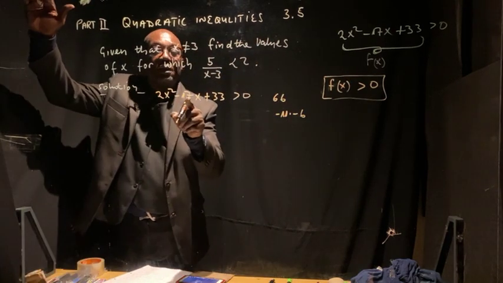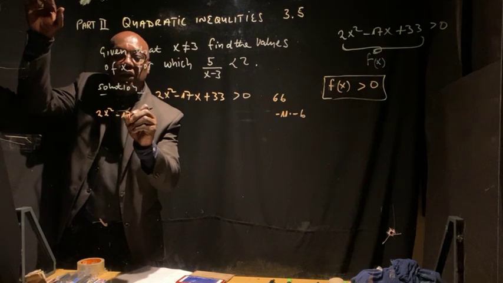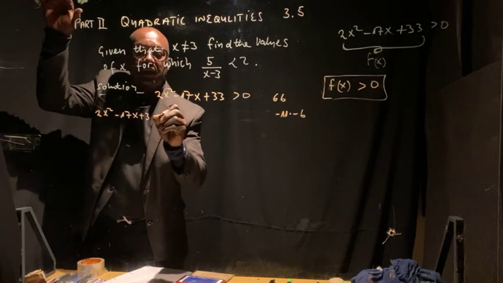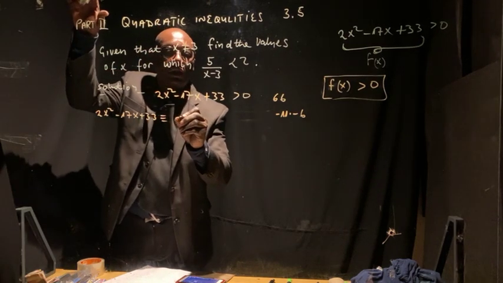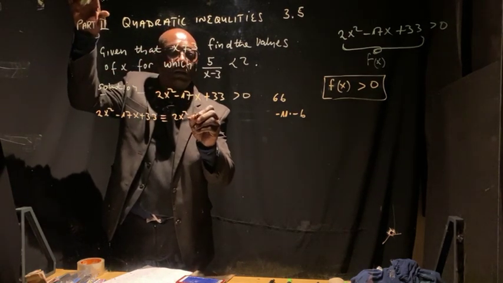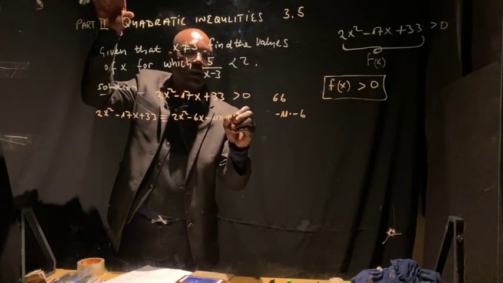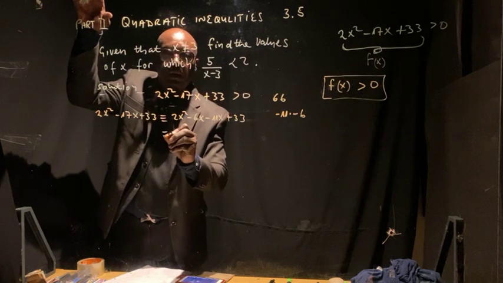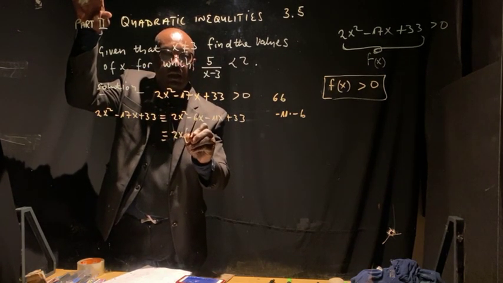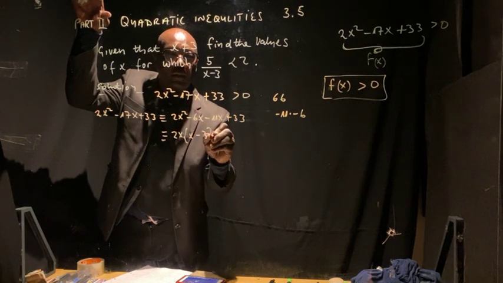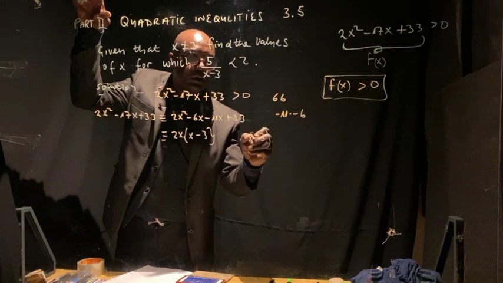So this equation, as you see there, 2x squared minus 17x plus 33 is identical to 2x squared minus 6x minus 11x plus 33. Good. Factorize 2x outside. We have 2x and then x minus 3. The same x minus 3, we'll write it here.